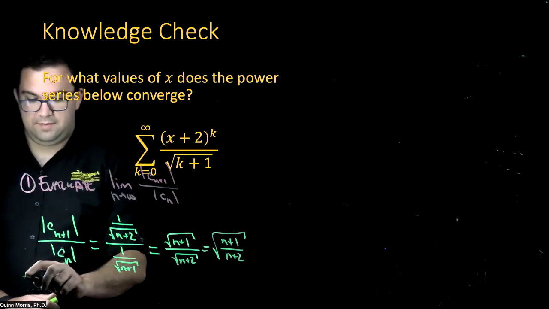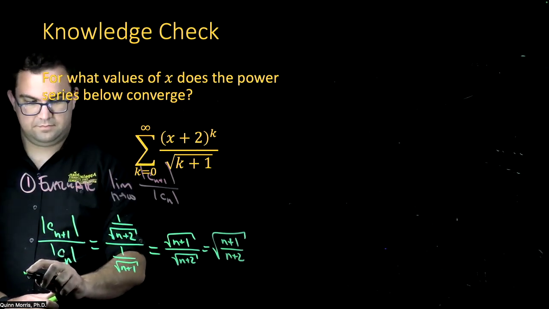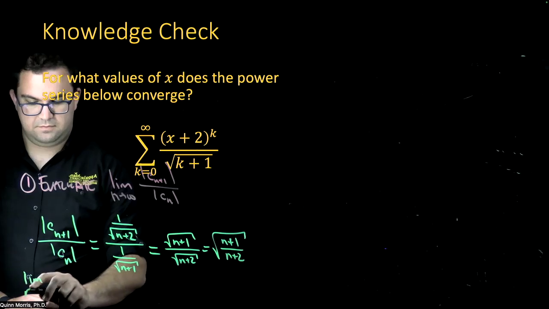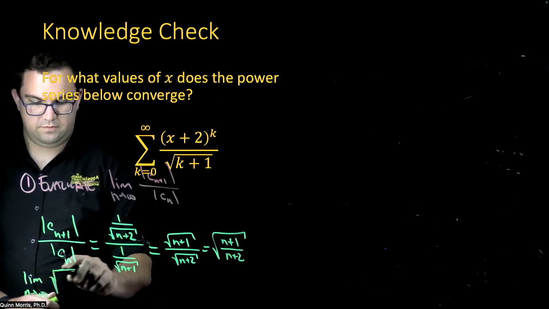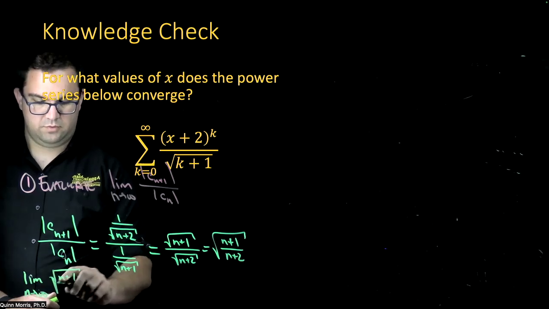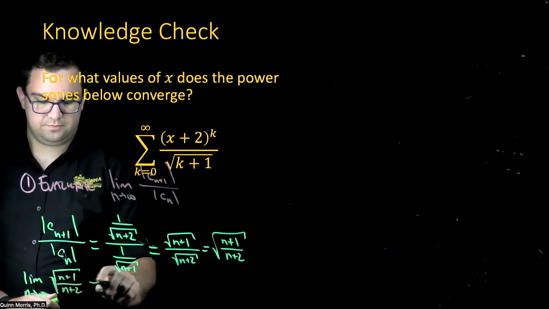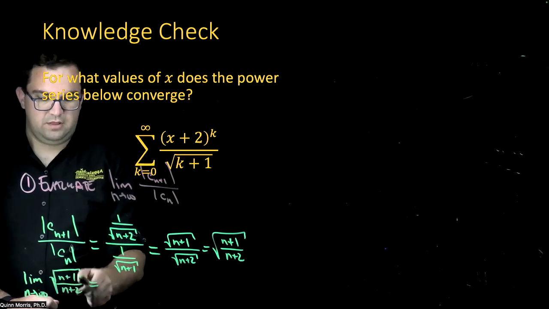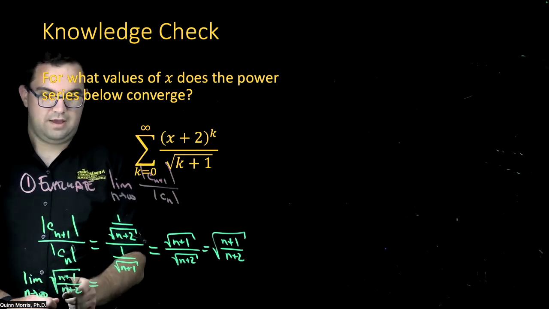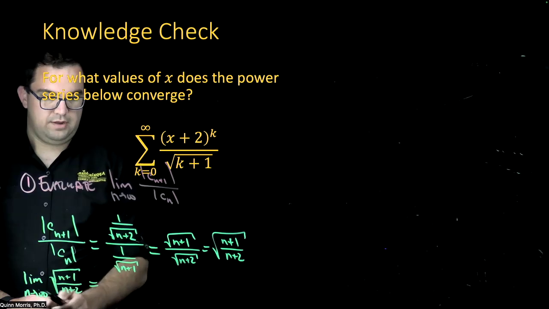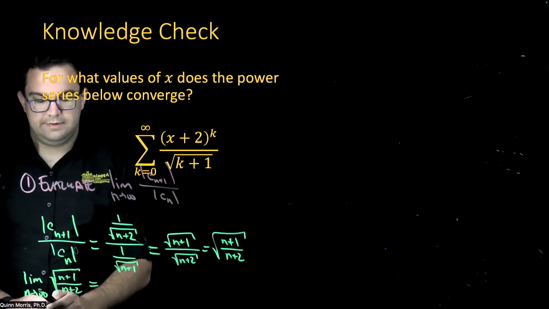All right, well, now I need the limit of the square root of (n plus 1) over (n plus 2). Now, as n goes to infinity, if I look inside this square root, this term is going to go to 1, right? I have n plus 1 in the numerator, n plus 2 in the denominator.